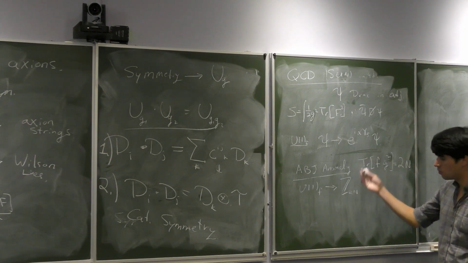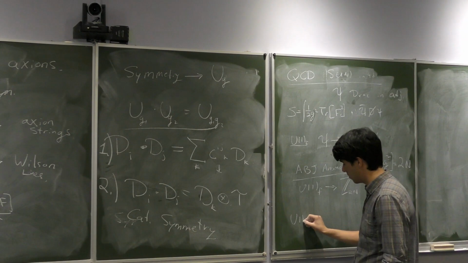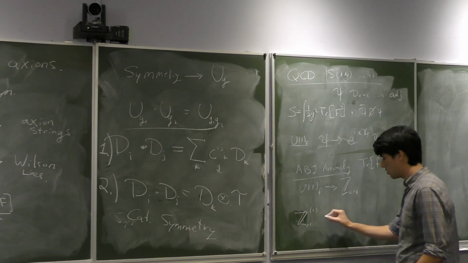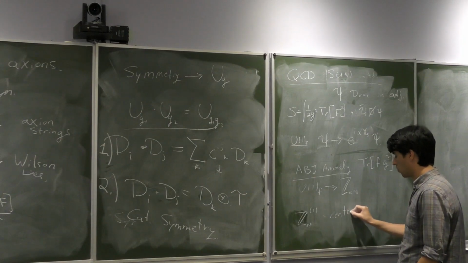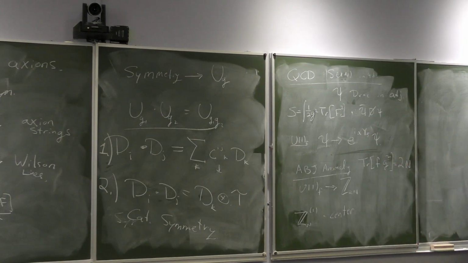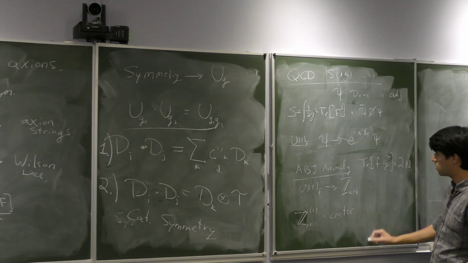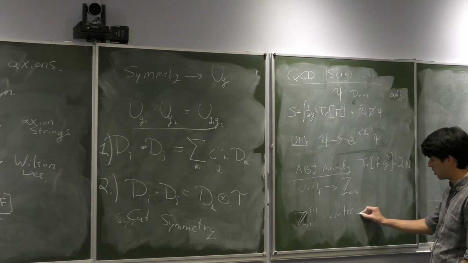So this theory also has a one-form symmetry. There's a Z_N one-form center symmetry. And as we've said now many times, when you turn on a background gauge field for the center symmetry, the instanton number is quantized.